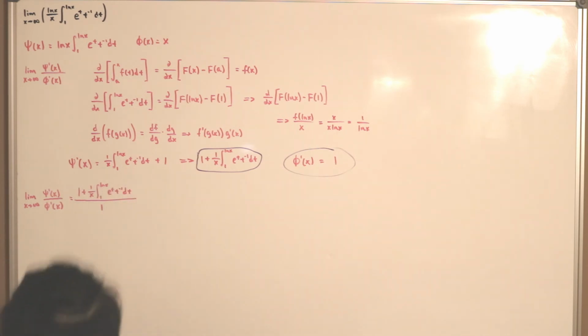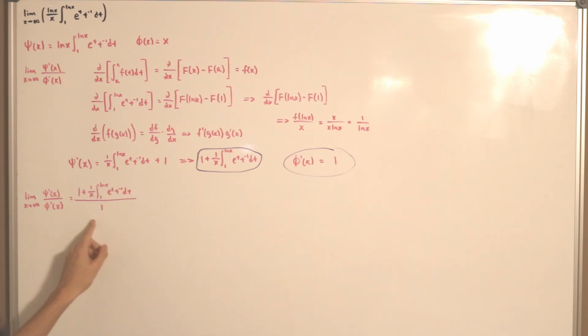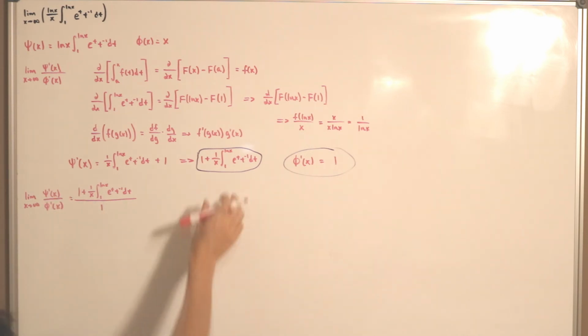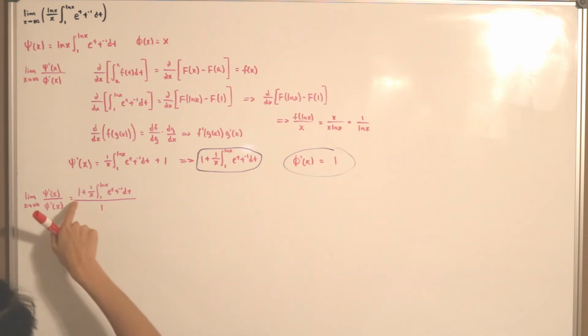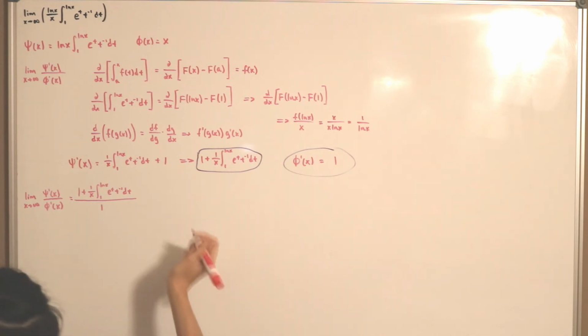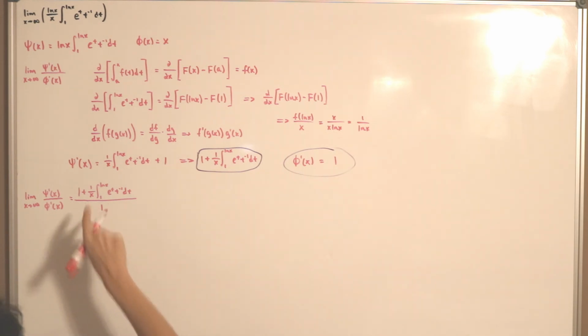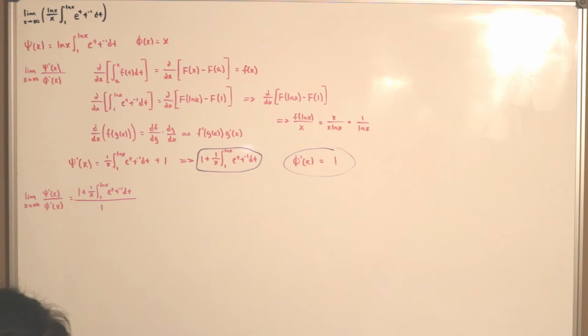The denominator is just 1, so we can focus on the numerator itself, but I'm going to rewrite it so we have a common denominator. 1 is simply x over x, plus 1 over x.